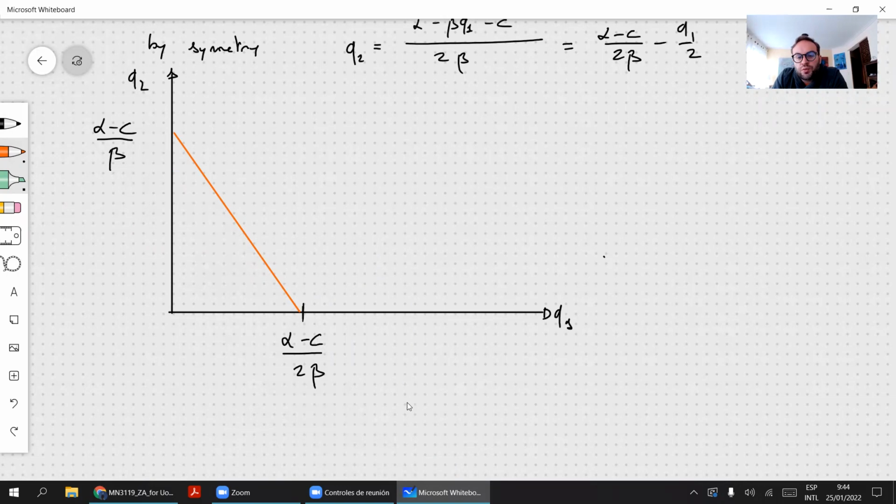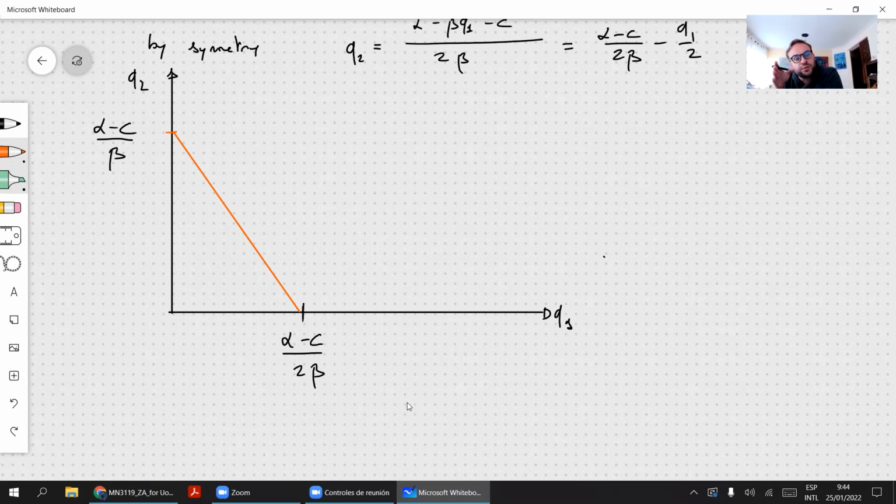So this is firm 1. What else? So let's think a bit about this. This is the best response function. This is internal. Does something happen in the axis?